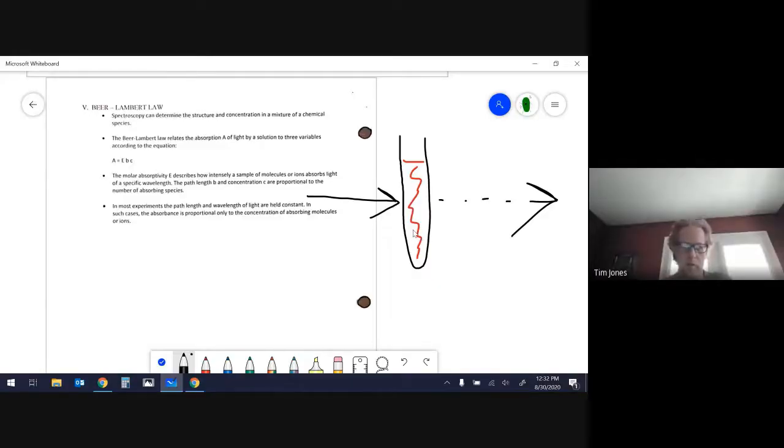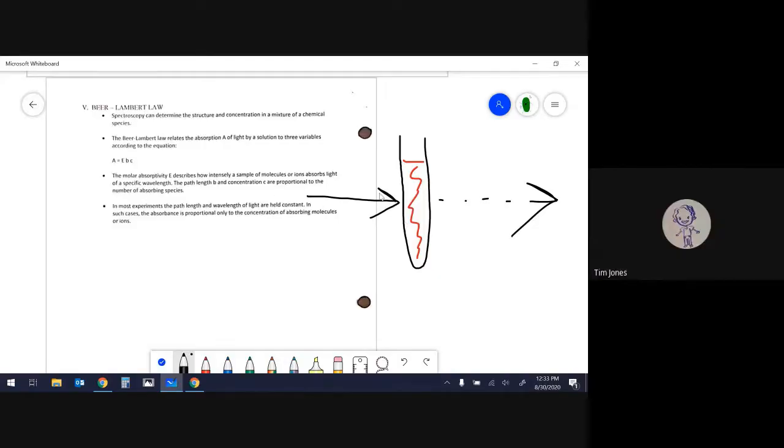The higher the concentration, the more red it would be to our eyes, and the less light would pass through. Now, there are some details as to what color you would want to use and how it all works, which we're going to explore in our first lab, which will come up really soon, actually.